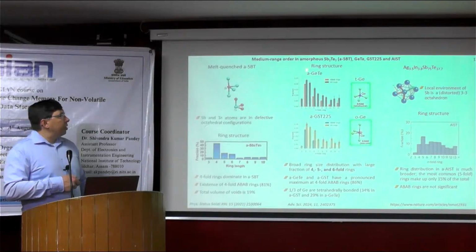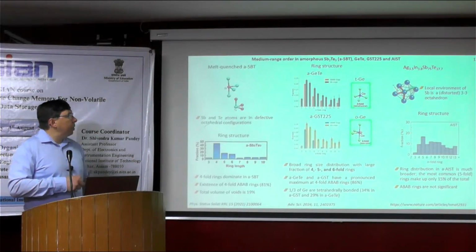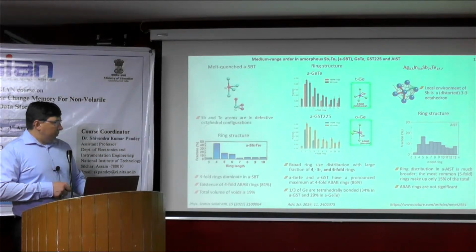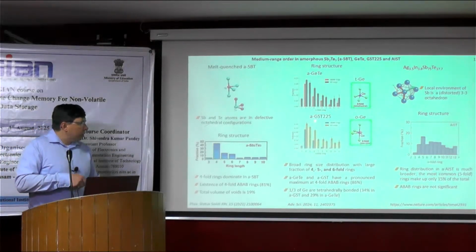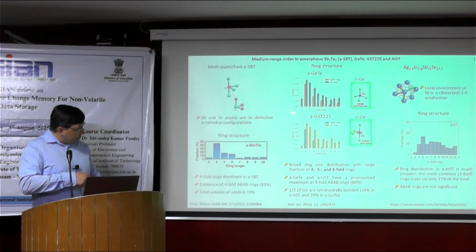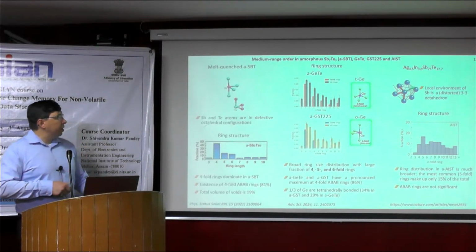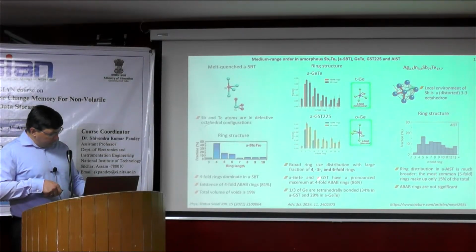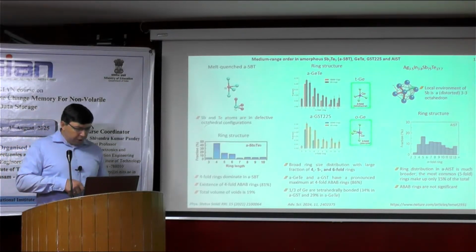The ring structure of amorphous germanium telluride and amorphous GST225, you can see, they also have fourfold, 5, and 6 rings. So there is a broad distribution of ring sizes, but with a large fraction of 4, 5, and 6-fold rings.